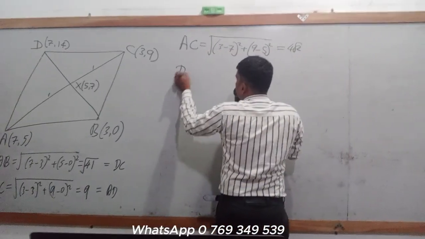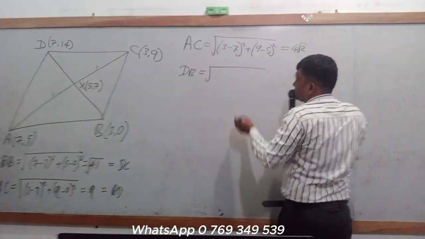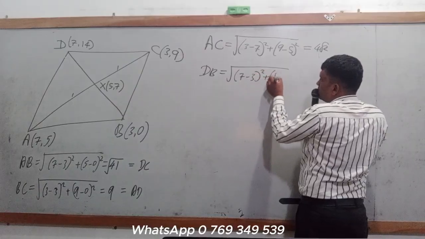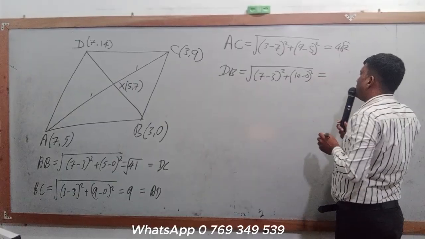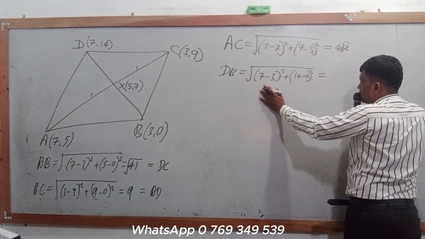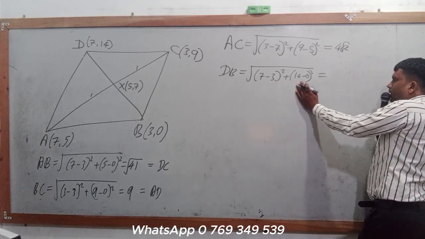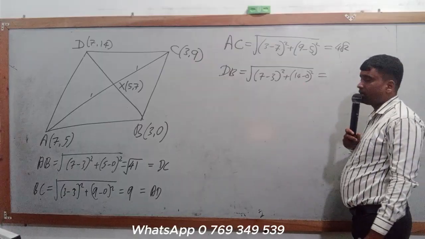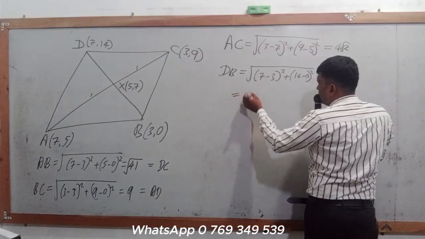And DB. 7 minus 3 square and 14 minus 0. And here 16. And here 14 square is 196. And we can say that is a simple way, right?